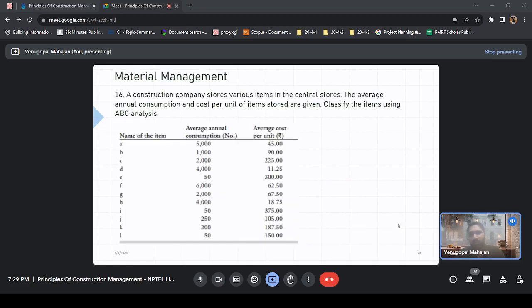So now coming to another point, a big numerical, but we'll try to go through it fast. Material management. Why is it important? As the cost of the material is increasing day by day, the material shouldn't go to waste. It should be used in a proper way.